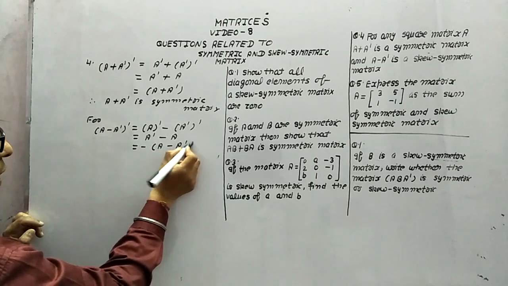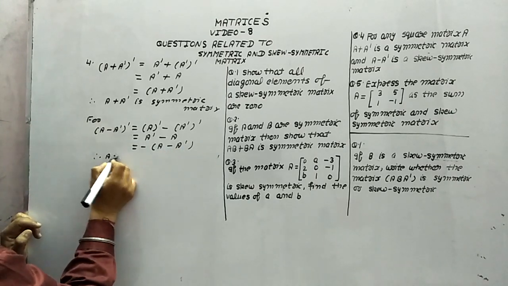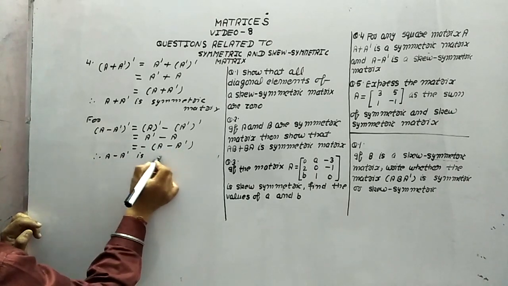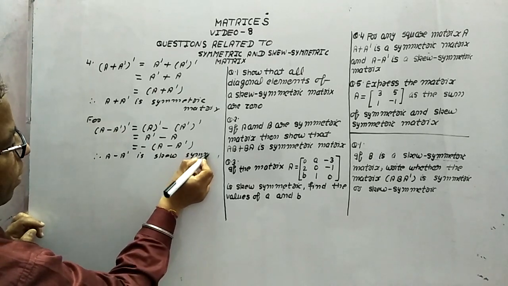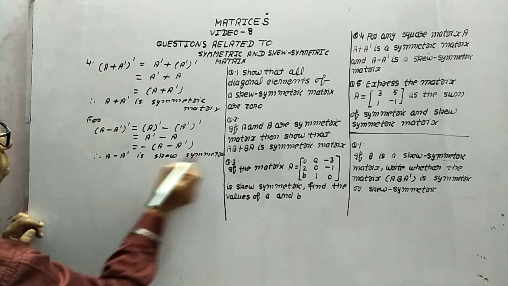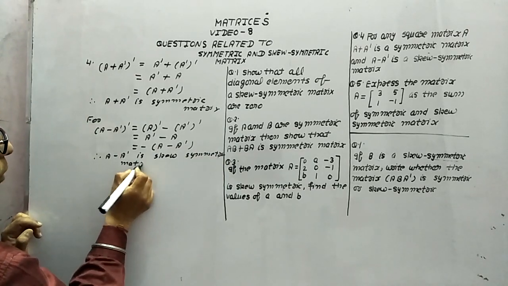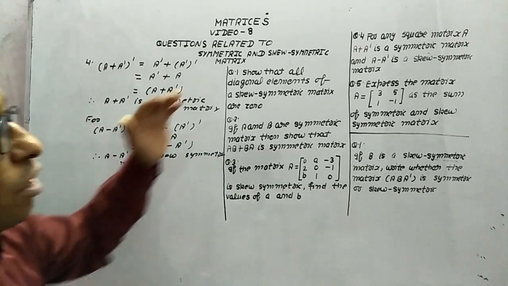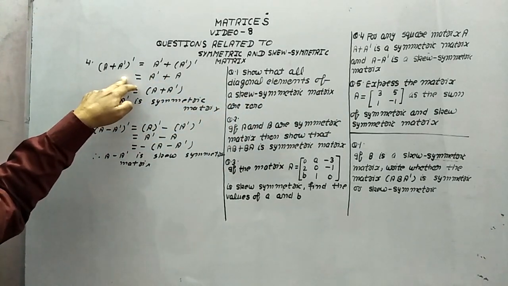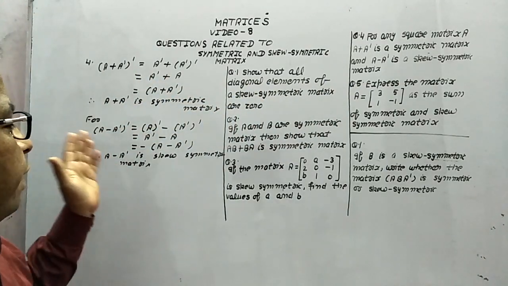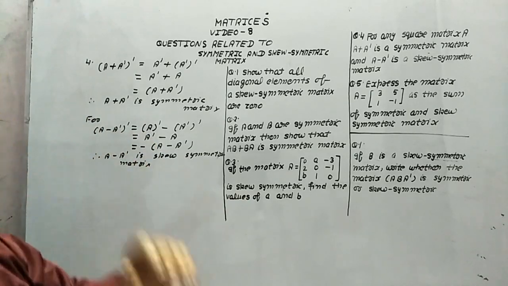A minus A dash. Therefore, A minus A dash is a skew-symmetric matrix. So this is a very important property, that if A is any square matrix, then A plus A dash will always represent symmetric and A minus A dash is a skew-symmetric matrix.